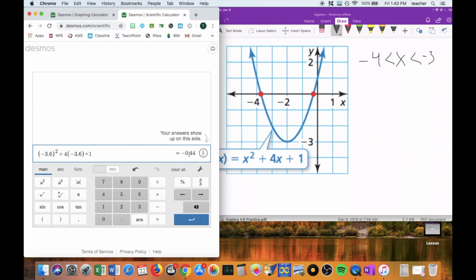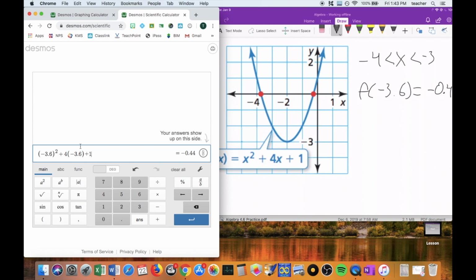This is a negative value. So I'm not going to be certain that I have the closest one until I find the closest tenth that is below and the closest tenth that is above. Okay, so I'm just going to write that f of -3.6 is equal to -0.44. Okay, so now basically this is a little too low.